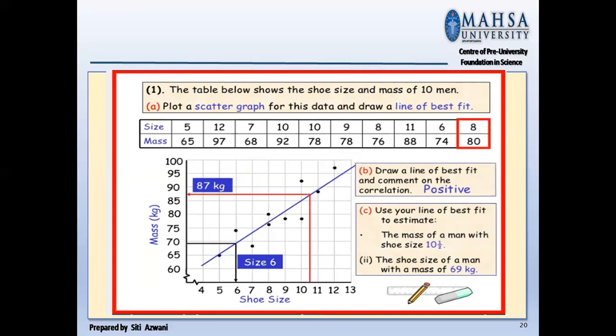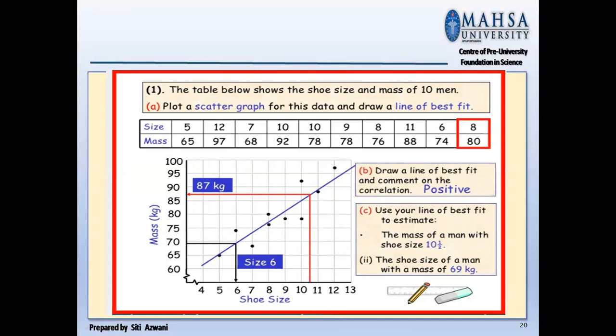If his shoe size is 10.5, the mass is 87. So you get some information from your graph.